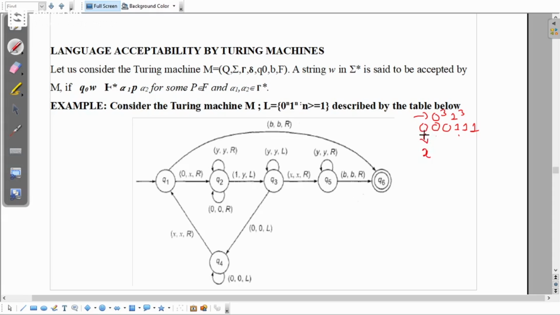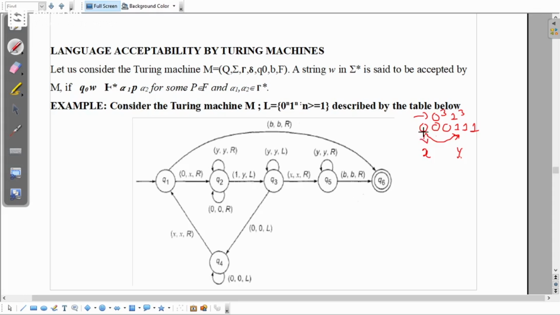Next, for this 0, I want to ensure that there is a corresponding 1. So I will move to the right until I get 1. That means I will cross these zeros and try to get 1, and then that 1 I will convert to y. So this is how I do it.